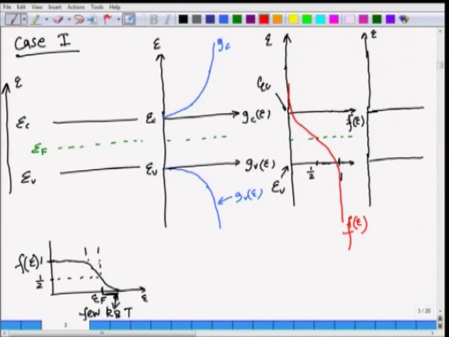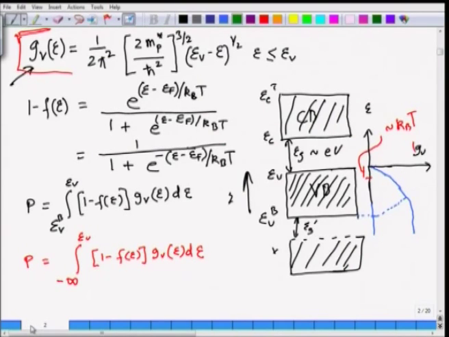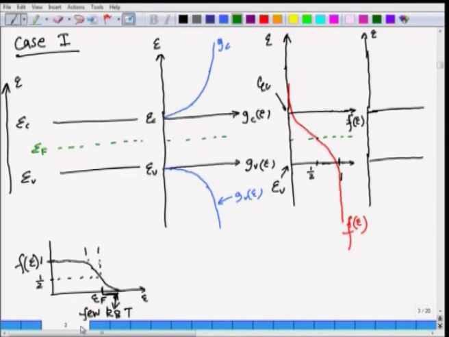Now, I want to plot also 1 minus f of E. That is simple. The next thing I want to plot is 1 minus f of E, which is required for calculating the value of P. That is easy to plot.